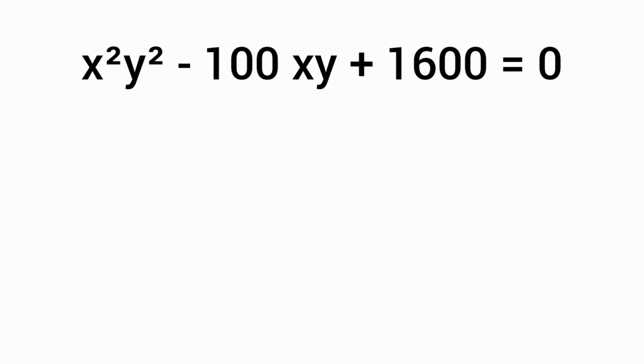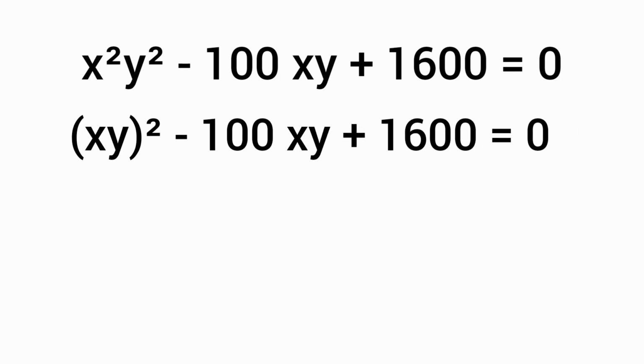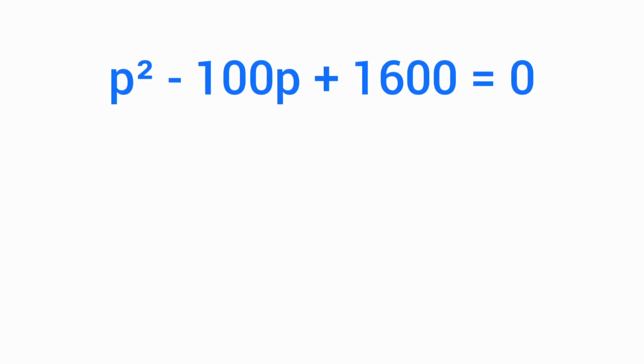That X square Y square can be rewritten as XY whole square minus 100XY plus 1600 is equal to 0. To find XY, let's replace that XY by P. Then we get the quadratic equation P square minus 100P plus 1600 is equal to 0.